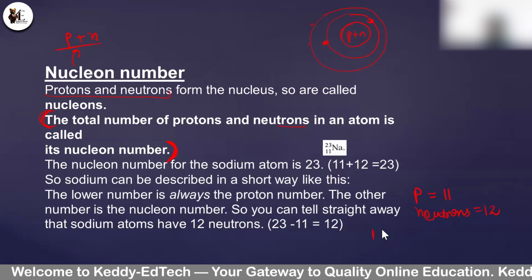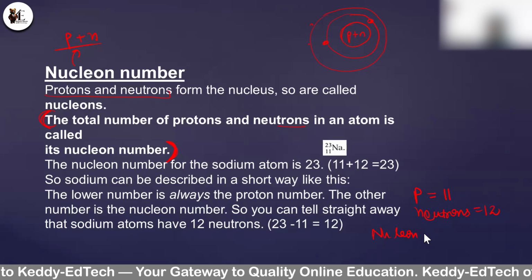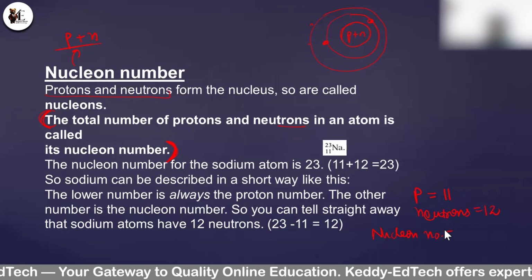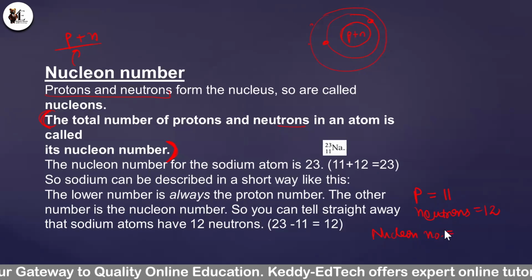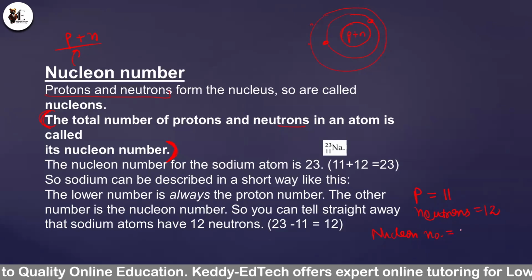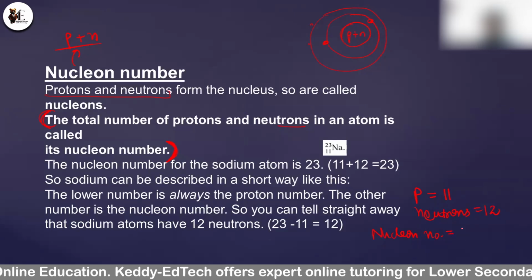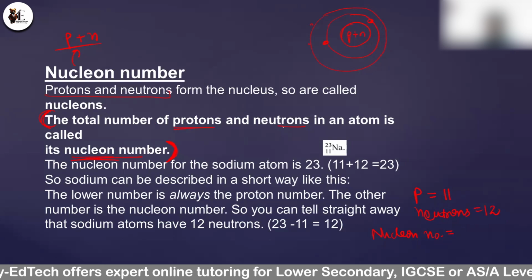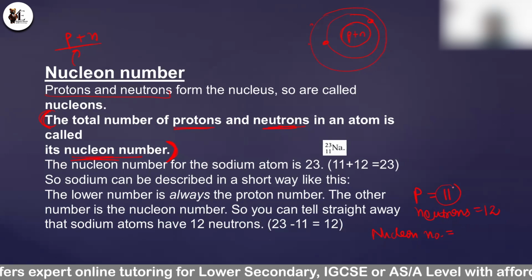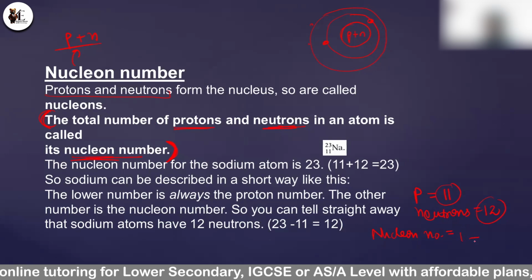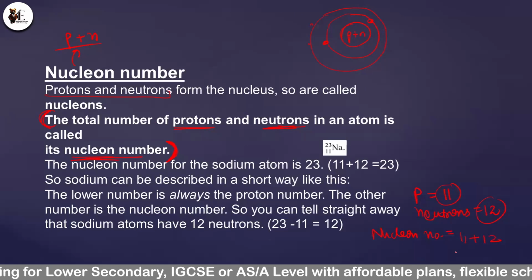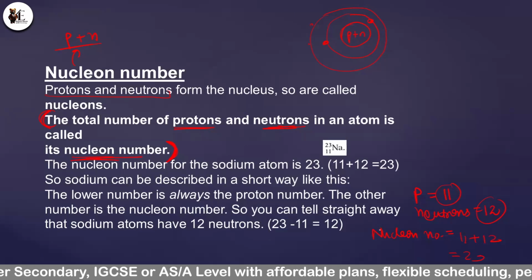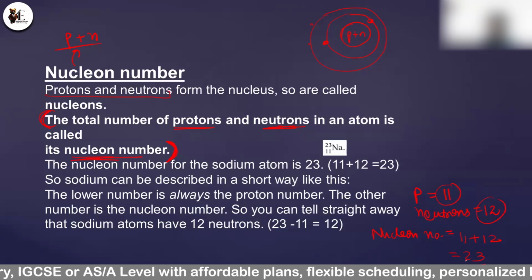What is the nucleon number? Look at the definition: total number of protons and neutrons. So you add 11 plus 12 to get 23. The nucleon number for sodium is 23.